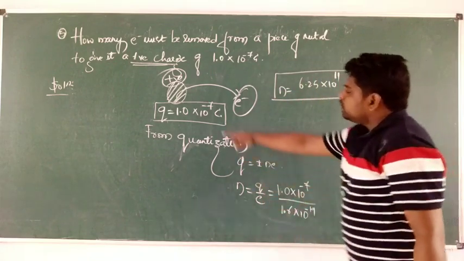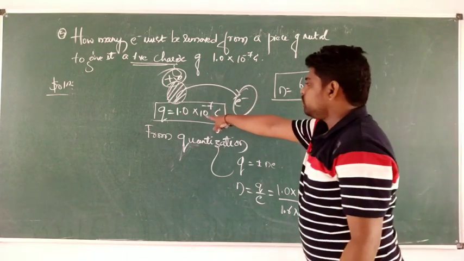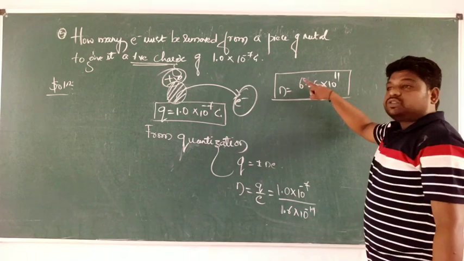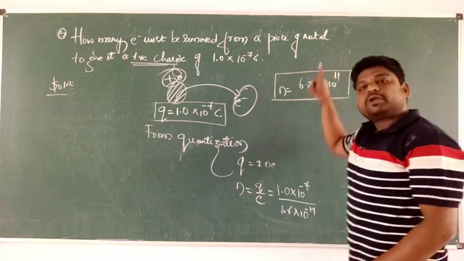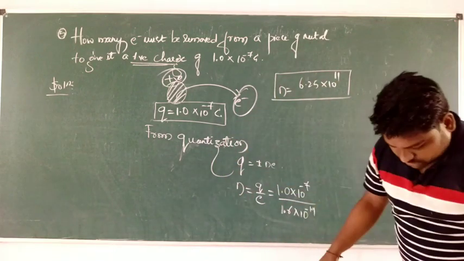So, to gain 1.0 into 10 to the power of minus 7 coulomb of charge, how many electrons should be removed? 6.25 into 10 to the power of 11 electrons should be removed to create this much charge.